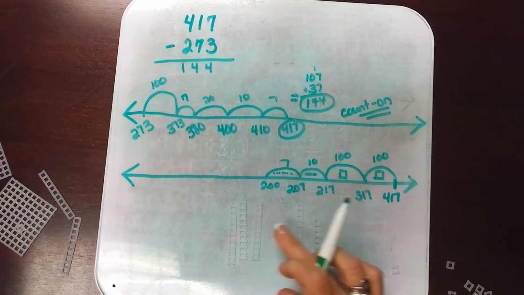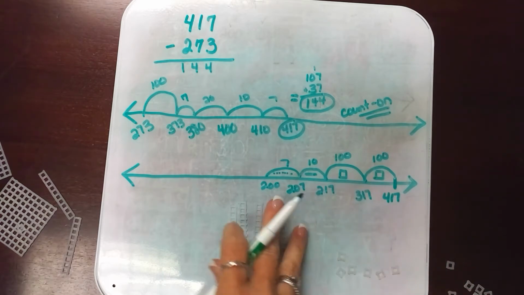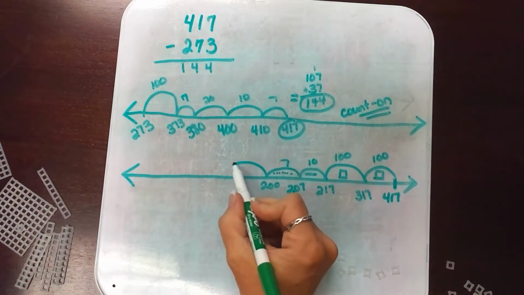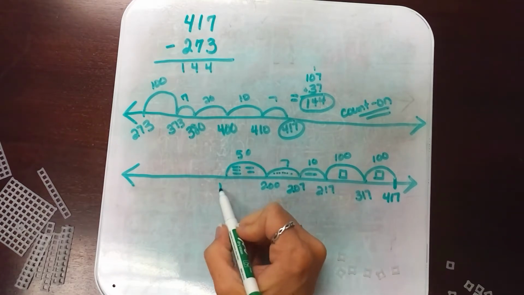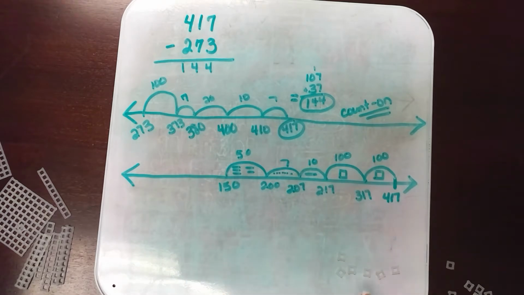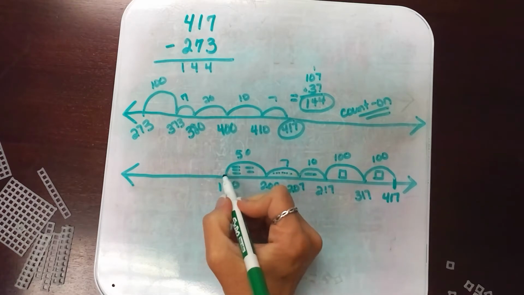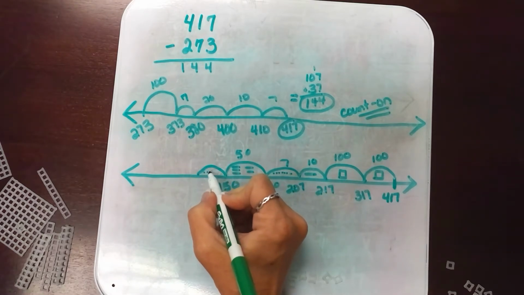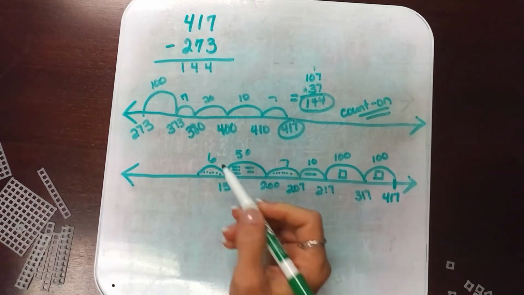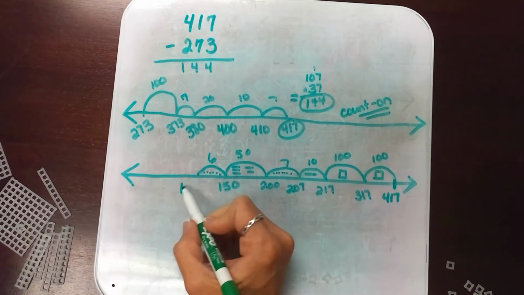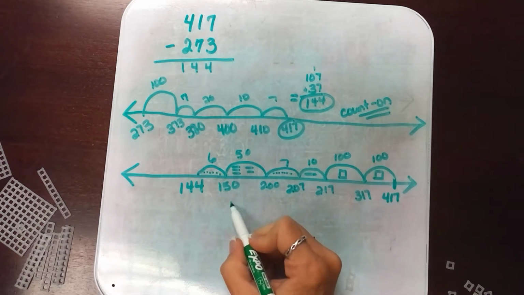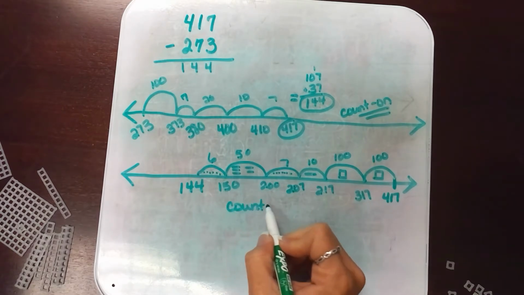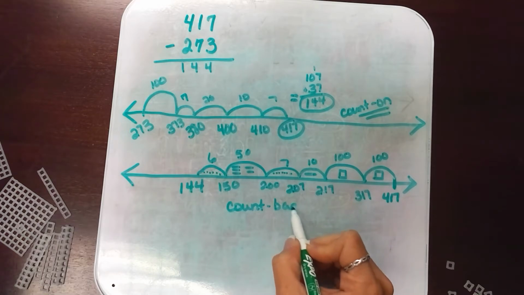Now if I want to, I can take away all 50 of these at once because I know 200 minus 50 is 150. And then I can take away 1, 2, 3, 4, 5, 6. So 150 minus 6 is 144. Okay? So this is my count back open number line strategy.